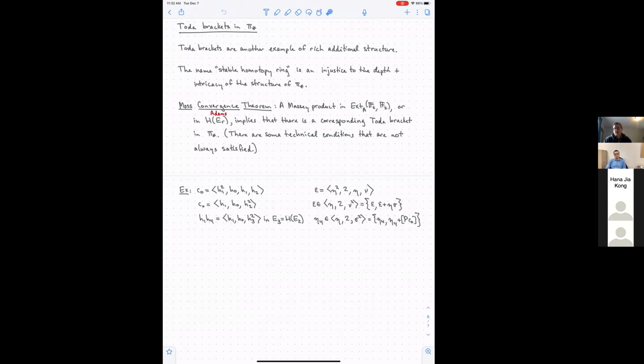So Massey products are this deeper structure in Ext groups, a richer structure in Ext, and we talked about how May differentials and Massey products interact: you can use Massey products in order to compute May differentials, and you can use May differentials in order to compute Massey products, and so forth. One reason that you need Massey products is because they help you analyze Ext itself, the Adams E2 page itself. Okay, so that's the background. The Massey products are useful for studying Ext.